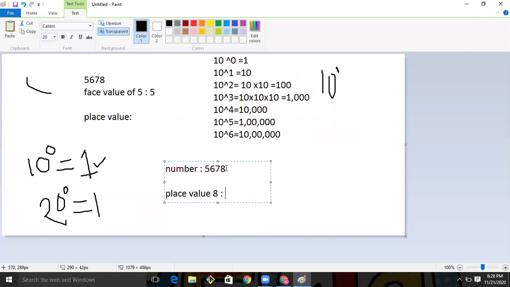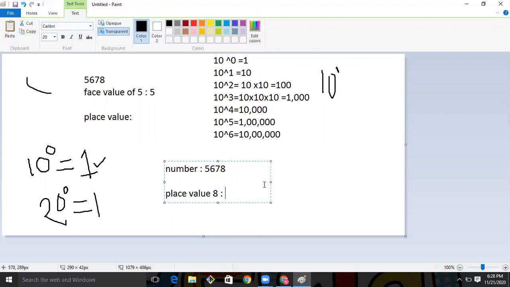The first one is 10 to the power of 0. Simply, I am telling you a shortcut way. If it is the first digit, you take the first digit and multiply with 10 to the power of 0. If you want the place value of the second digit, it is 10 power 1, then 10 power 2, then 10 power 3.